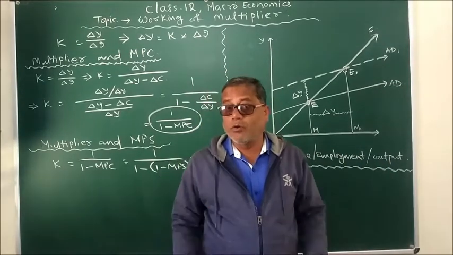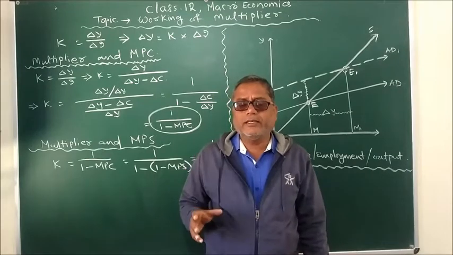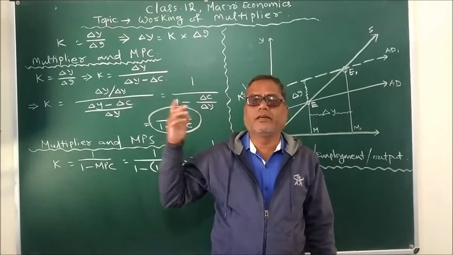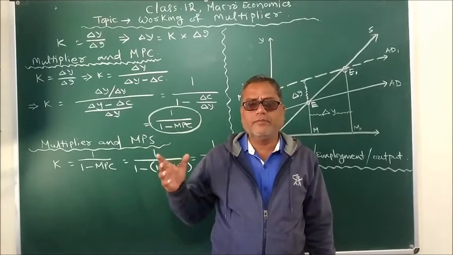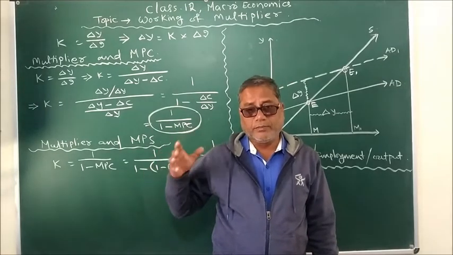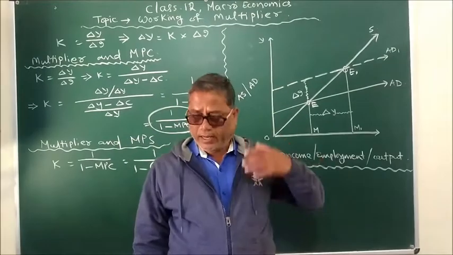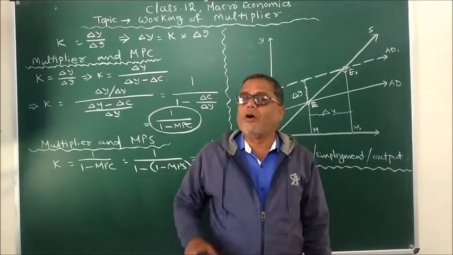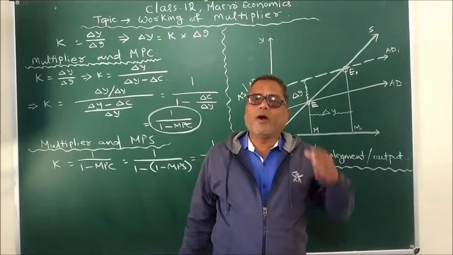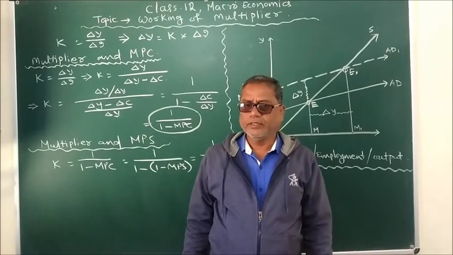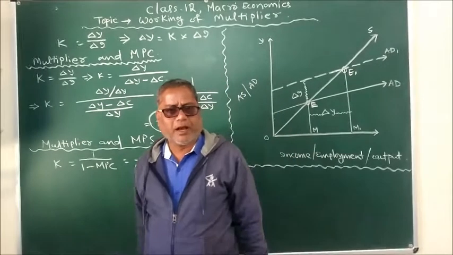So that is the reason why we get more than investment. The change in income generated by an additional investment is always more than what we invest. That is the theory of multiplier.